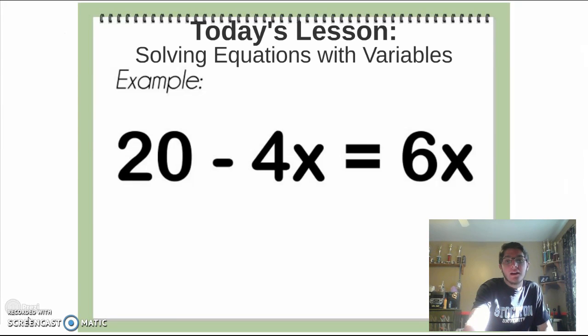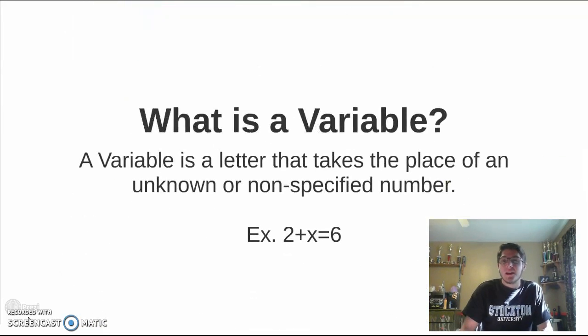But first, let's define variables. This is the only definition I'm going to give you today, I promise. What is a variable? A variable is a letter that takes the place of an unknown or non-specified number. So, in this example equation, you have 2 plus x equals 6.